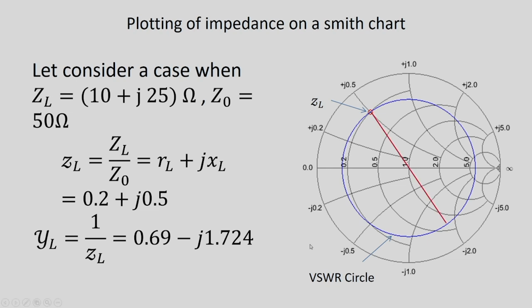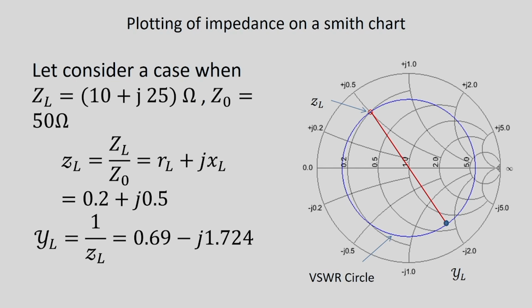Then if we pass a line through the center of the Smith chart where it touches this circle, this point gives us YL, which is equal to 0.69 minus j 1.724, and here you can see the values are close, and from the actual Smith chart it can be read out.